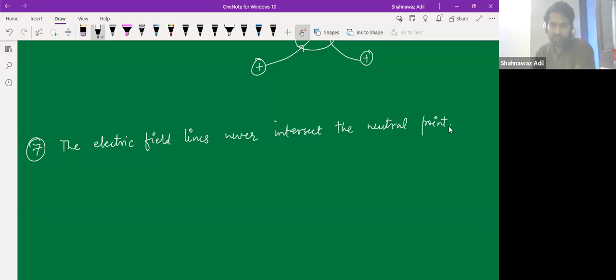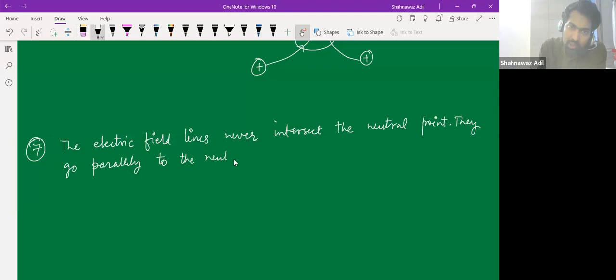So they go parallelly near the neutral point and meet at infinity. What do I mean by that?